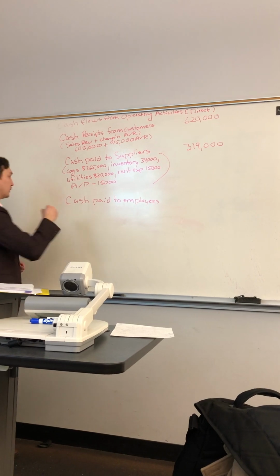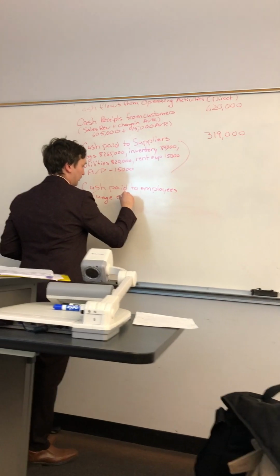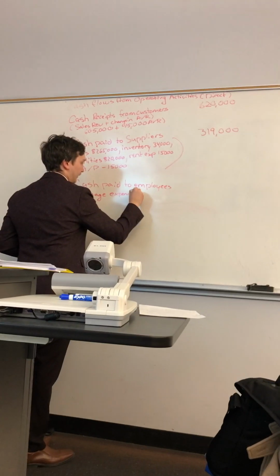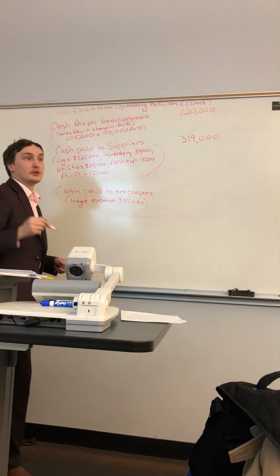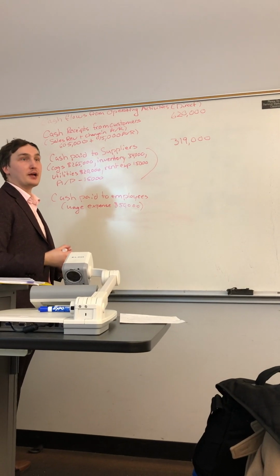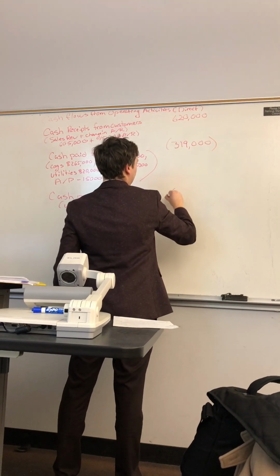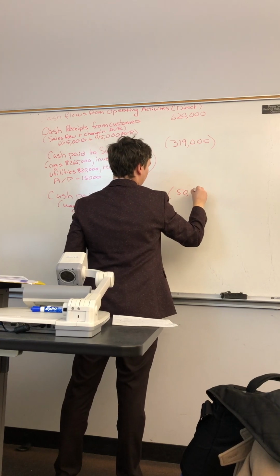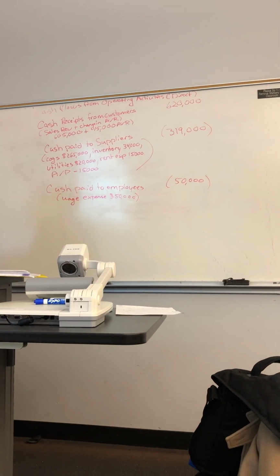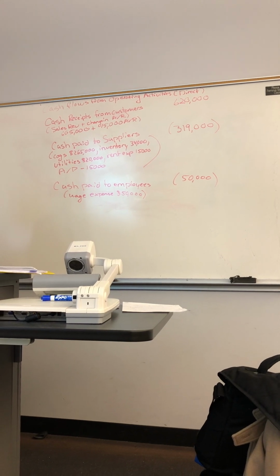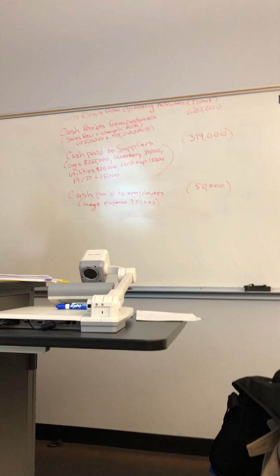So we can go wage expense, 50 grand. Again, no payable for the wages, so that means we've spent $50,000 of cash. So we can go $50,000 decrease for our employees.